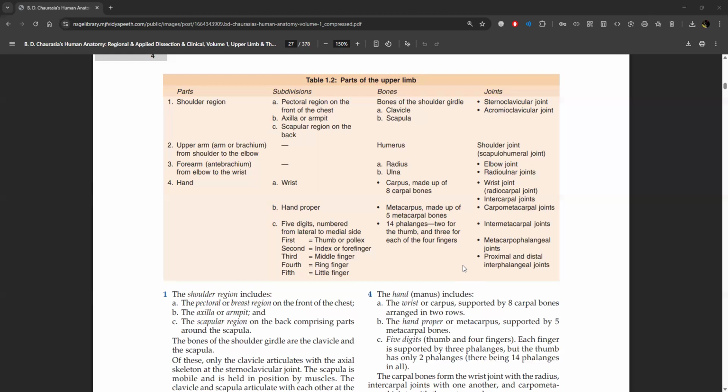Metacarpus made up of 5 metacarpal bones. 14 phalanges, 2 for the thumb and 3 for each of the 4 fingers. Wrist joint, radiocarpal joint, intercarpal joints, carpometacarpal joints, intermetacarpal joints, metacarpophalangeal joints, proximal and distal interphalangeal joints.